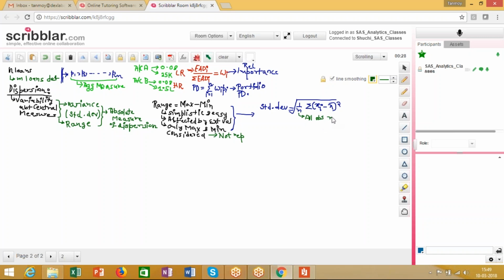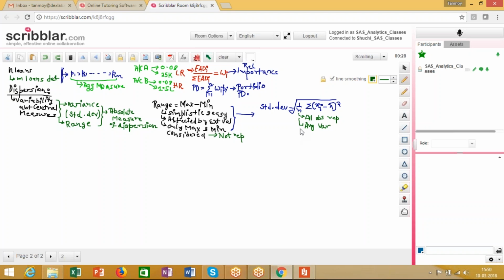All observations represented. The next part is it gives us an idea about the average variation.